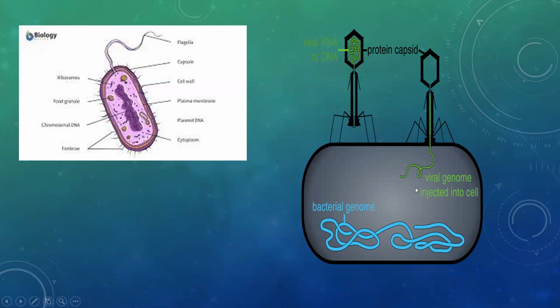So the phage has an enzyme which weakens the bacterial cell wall. The protein coat of the virus remains attached to the outside of the cell wall. When the nucleic acid enters the cell, it follows two different pathways.